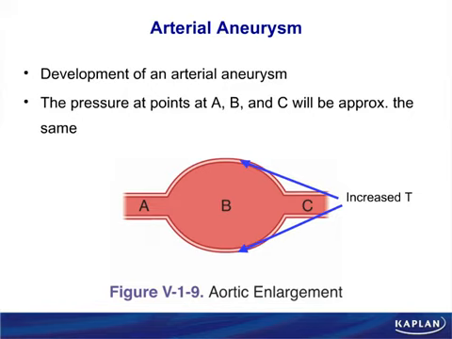So therefore, the more and more this blood vessel distends, the greater and greater the wall tension. Very similar to what we just described on the previous slide, the idea of a balloon filling up with more and more water. So aneurysms are dangerous because the bigger they get, the more likely they are to rupture. And we can have cerebral aneurysms, but also more common is an abdominal aortic aneurysm.